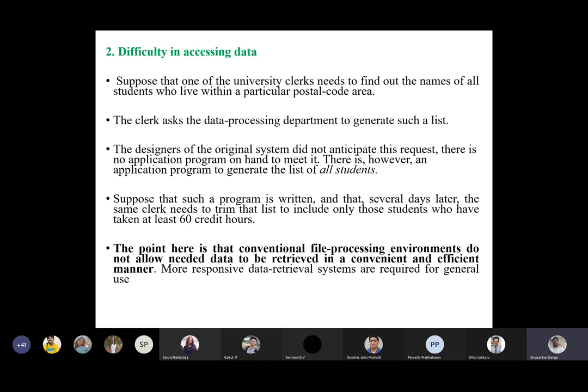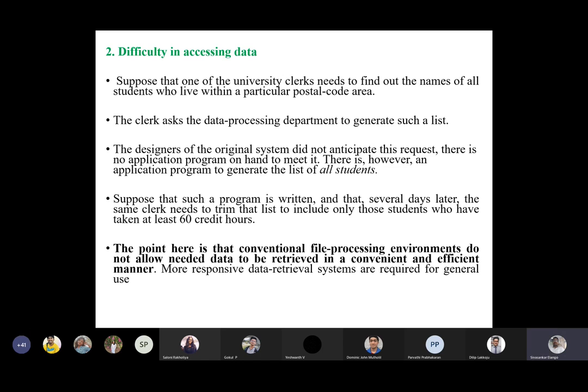If you look into the file processing system, you would have done some programs working with files. The file is embedded in the application program that accesses it, right? So, for example, in the academic department of a university, a clerk wants to retrieve the students who reside in a particular postal area. He will ask the data processing department to generate a list, right?